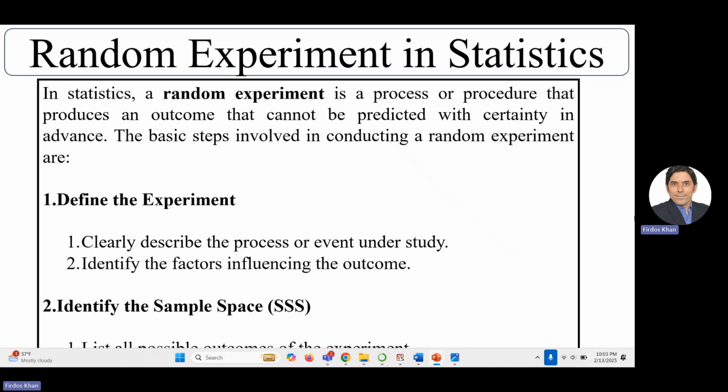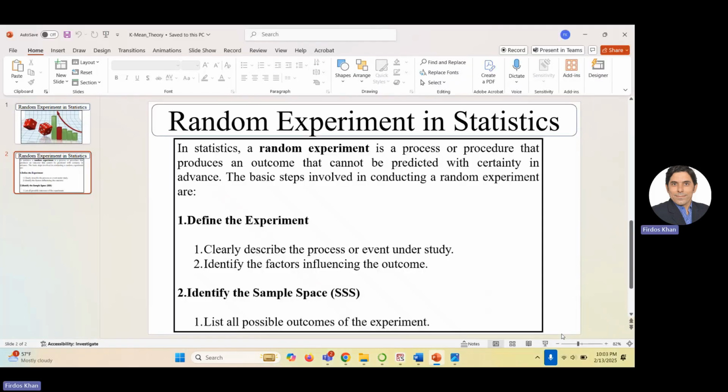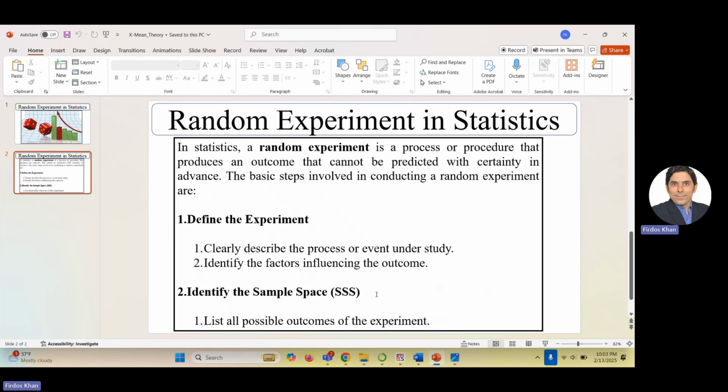Then identify the sample space: list all possible outcomes of the random experiment. So let's first talk about the definition.